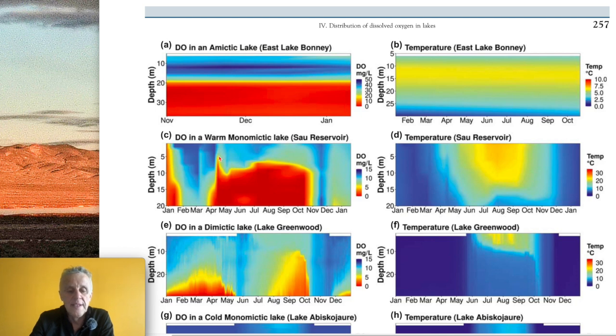And so this is the oxygen concentration. What we are seeing here is that during the winter, we have pretty high oxygen concentration and a pretty even distribution, pretty close to even distribution in the winter.